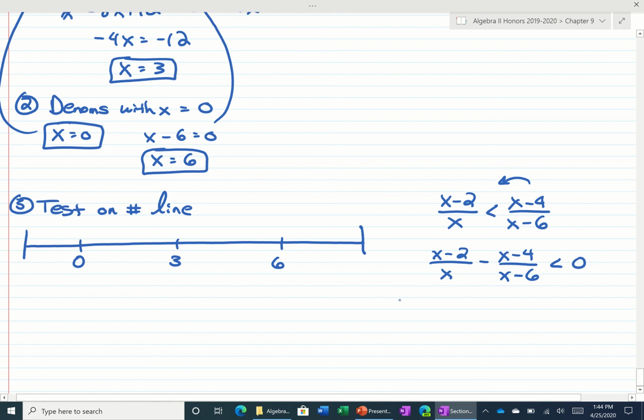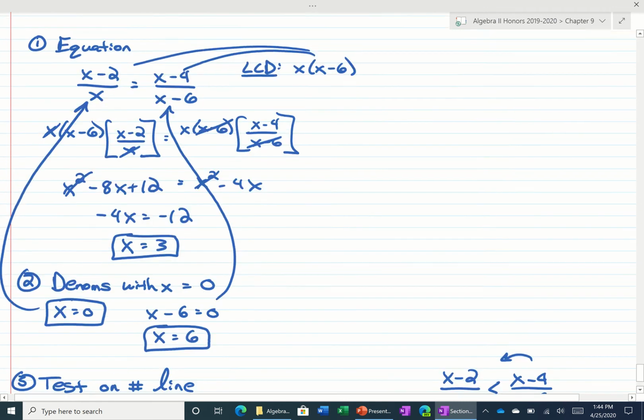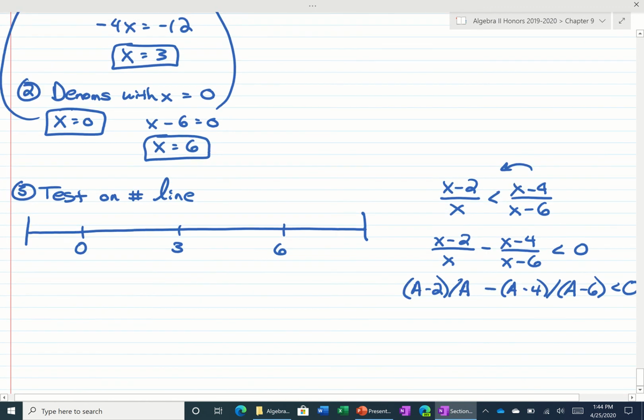On our calculator, the way we would type this in is use parentheses to separate the numerator from the denominator. That would be how I type it into the calculator. Or you could just plug numbers in manually into the original equation if you want. Just plug them into the original. We just want to see if they're true for each of these regions.